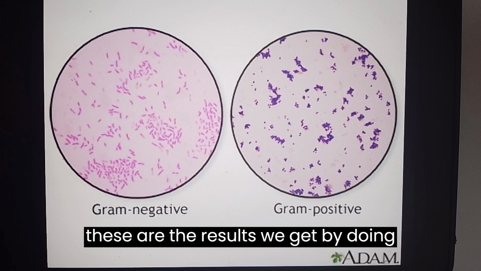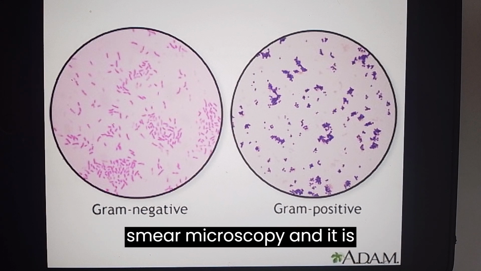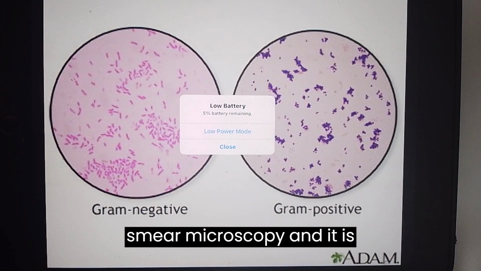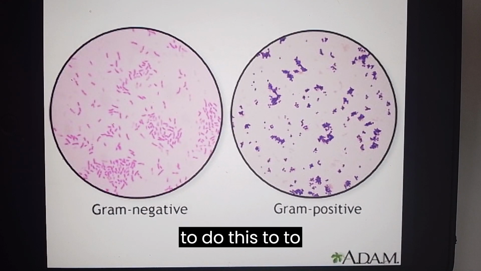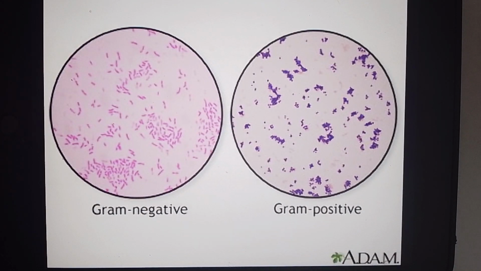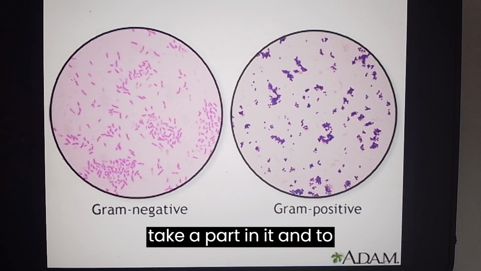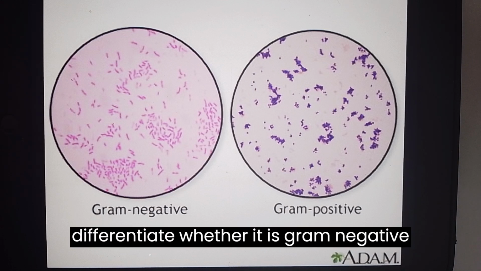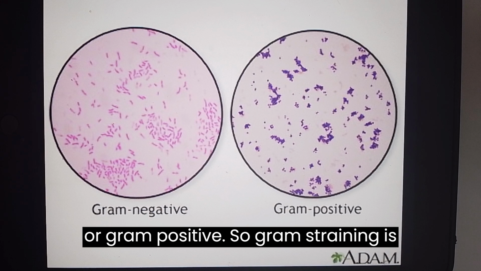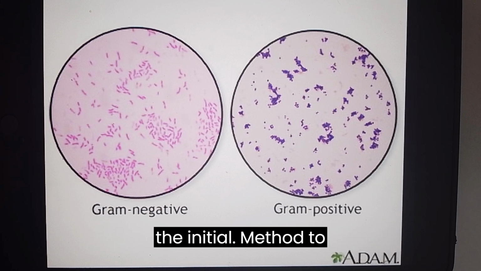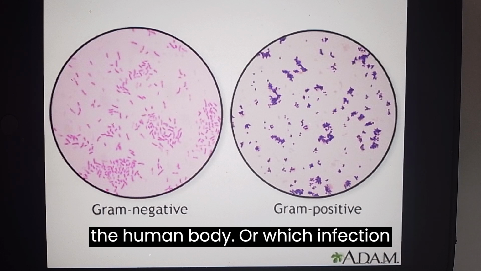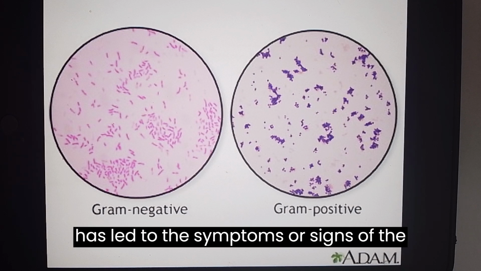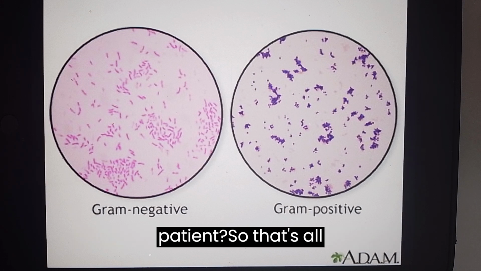It's very important for us to do this, to differentiate whether it's gram negative or gram positive. Gram staining is the initial method to detect which bacteria has affected the human body or which infection has led to the symptoms or signs of the patient.